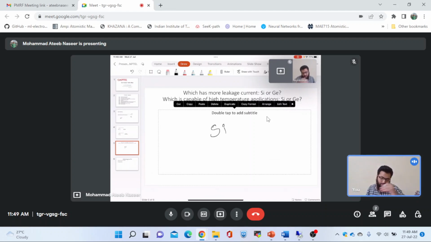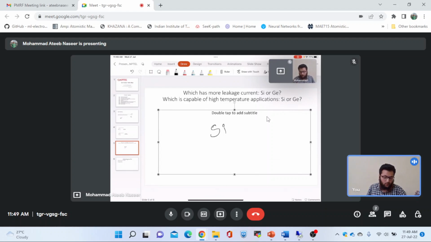As we will go through in the course, when we see the intrinsic carrier concentration dependence of the material, we will see there is a dependence on the band gap. The band gap decides the intrinsic carrier concentration that a material can have, and we can easily infer from there that the leakage current will be more in less band gap materials. So silicon based devices will have less leakage current.